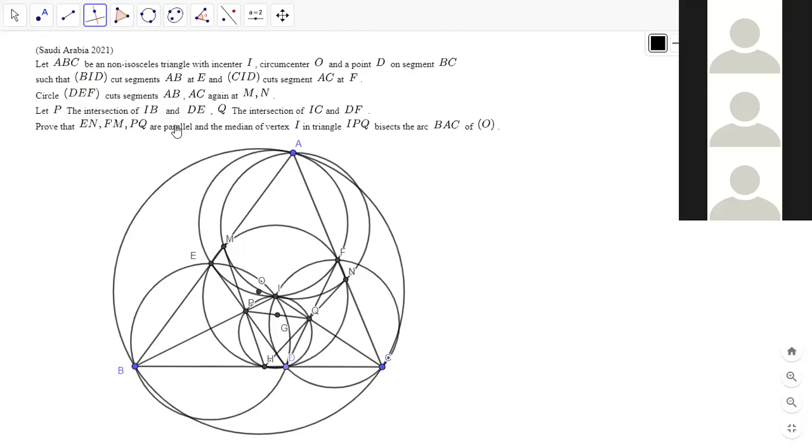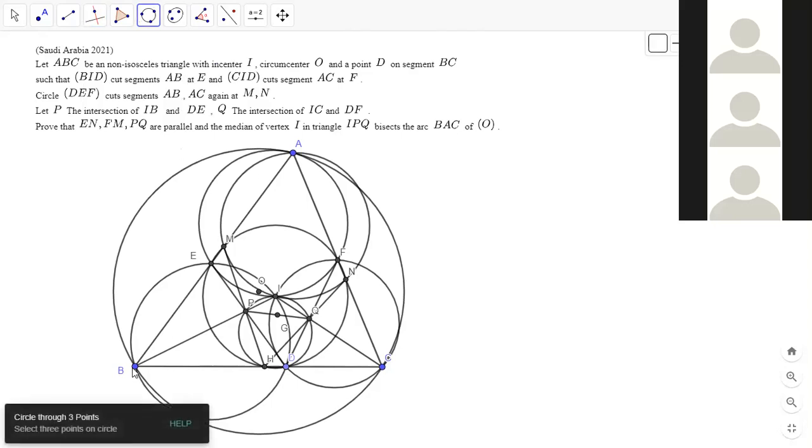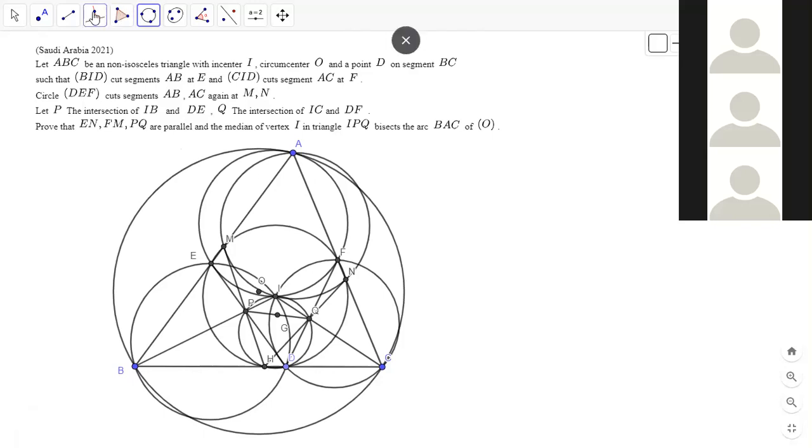So we have IG is the median of IBC. However, if you label the midpoint of arc BAC, let's call it point X, then IX is also the median. That's a well-known fact, because if you take the circumcircle and draw the two tangents, they'd have to concur at the midpoint of that arc.